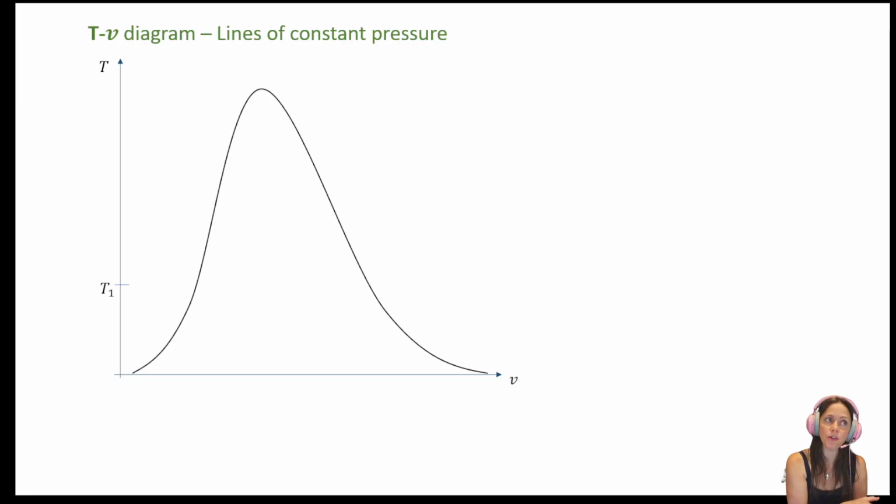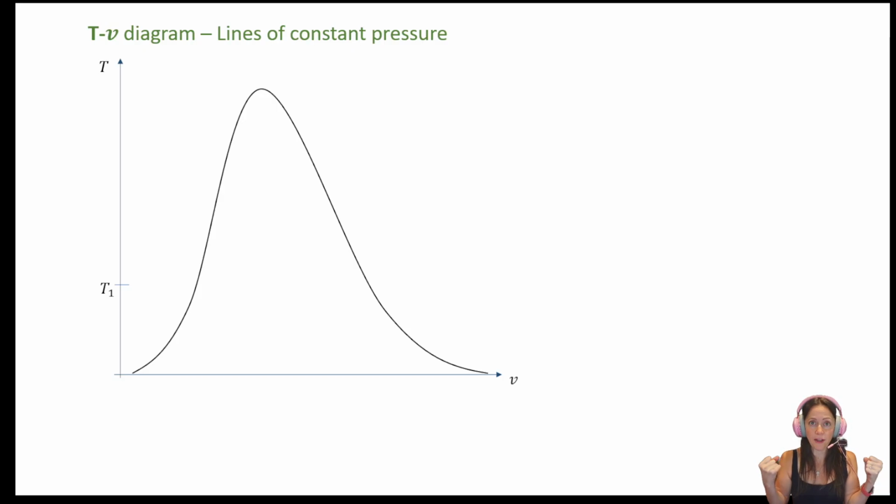All right, so now let's look. We looked at the lines of constant temperature on a PV diagram. And now we're going to look at the lines of constant pressure on a TV diagram. Because recall, this information right here came from that three-dimensional representation of temperature, pressure, and specific volume.